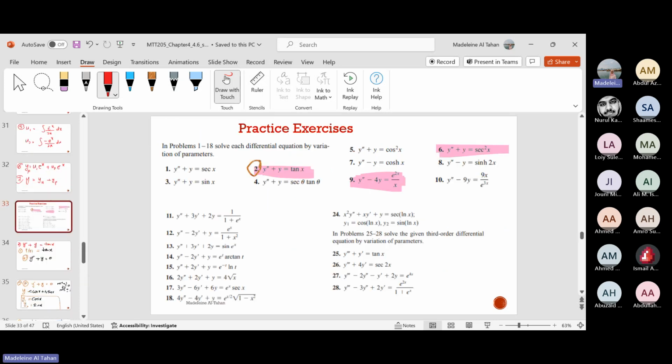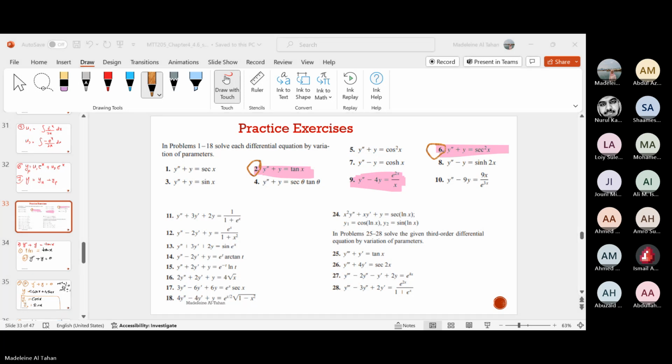Would you like to try one more question? Would you like to try exercise number 6? Exercise number 6, I will not solve it. We will discuss it. I will check your answers. Do you prefer to solve it independently or to be sent to the breakout rooms? If you prefer independently, raise your hand. Okay, let's solve it independently.